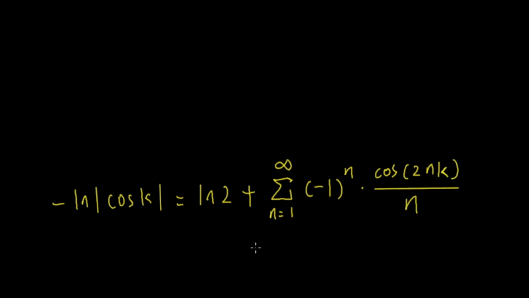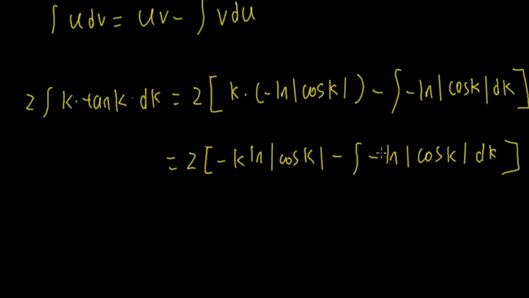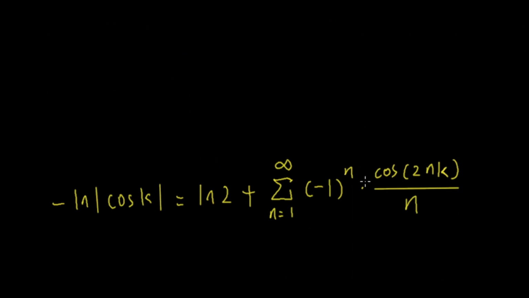So this is the Fourier series of negative ln of cosine k. This variable k is equal to k, right? Because this is k here, right? So we have to replace this with this.